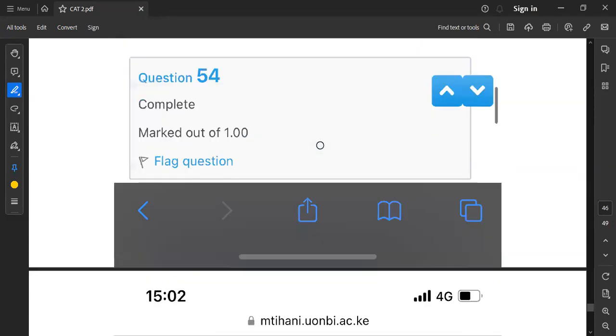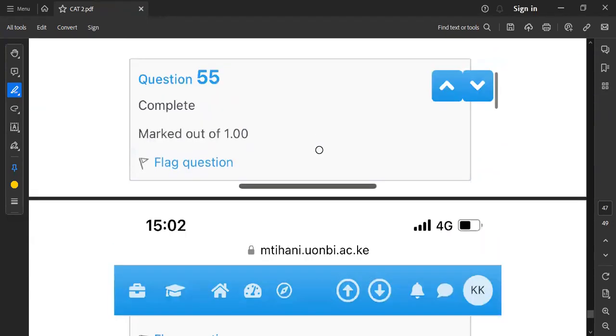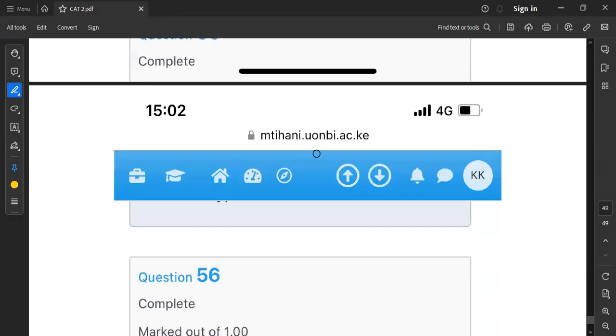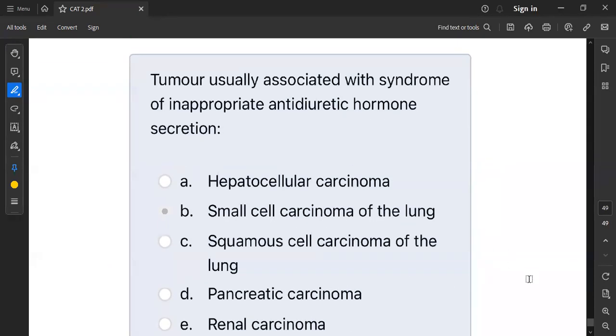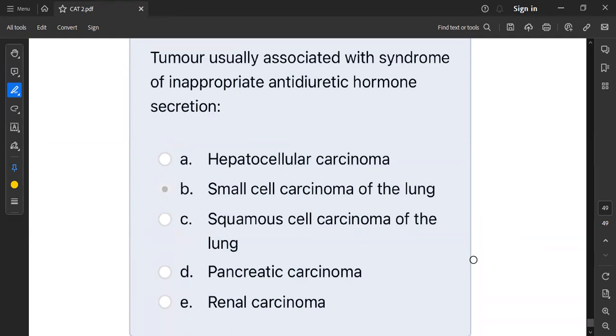The tumor usually associated with syndrome of inappropriate antidiuretic hormone secretion is which? Exactly, B. So which other hormone does small cell carcinoma produce apart from antidiuretic hormone?